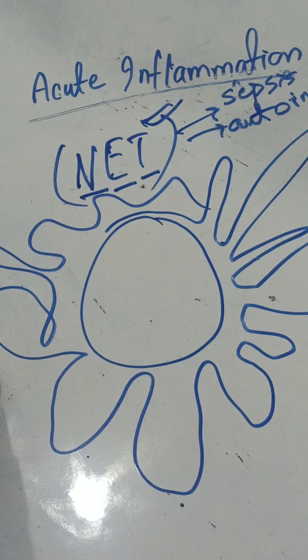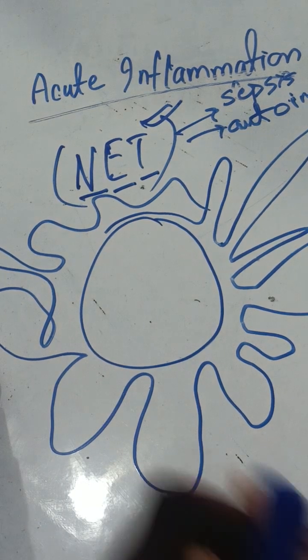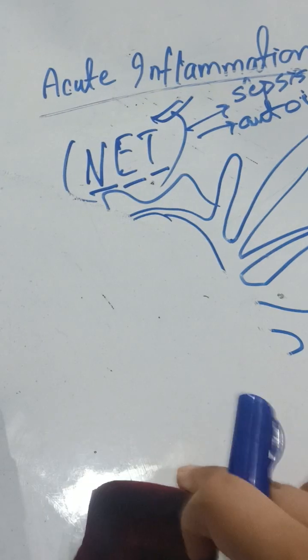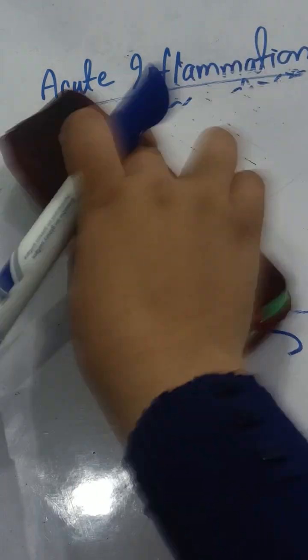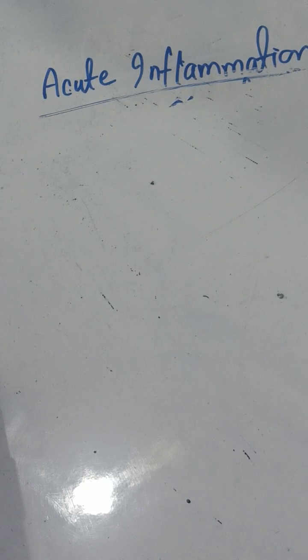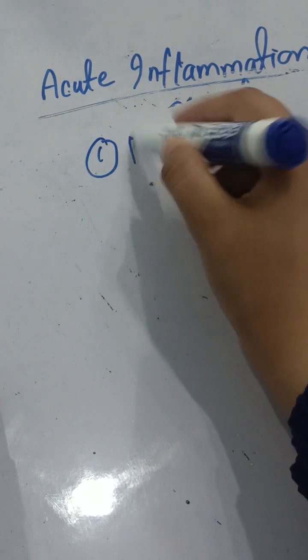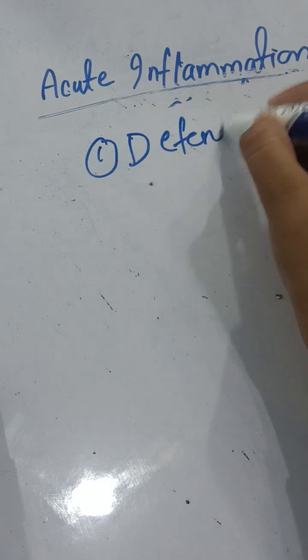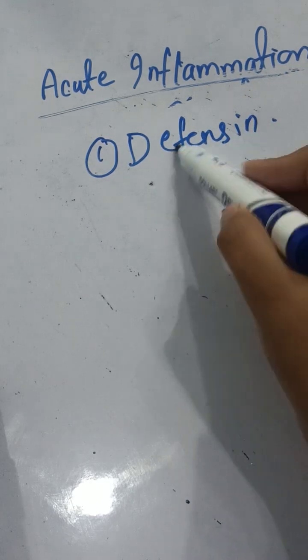Now there are some other killing mechanisms through which you can kill your microbe. The first killing is through the leukocytes, through the production of ROS and through the production of phagolysosome. But there are other mechanisms too. The first is defensin.